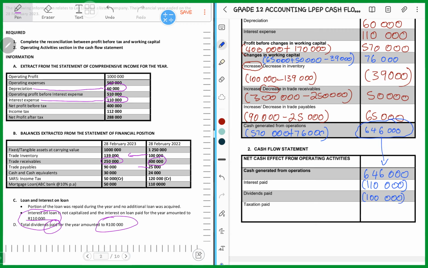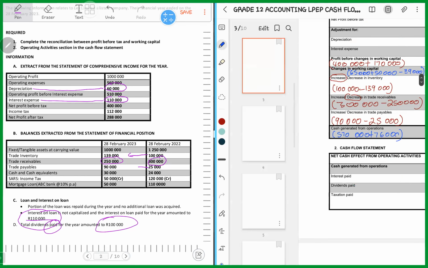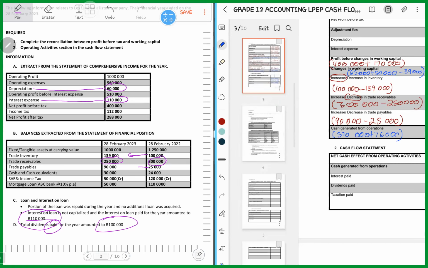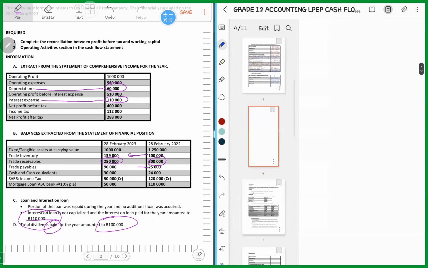Okay, then next up, we have to account for the taxation paid. Now for taxation paid, this one is going to come with many colors, many faces. It is very important that you try to familiarize yourself with the SARS income tax ledger account.